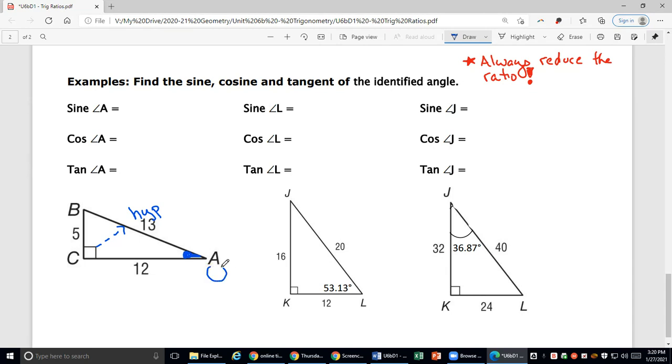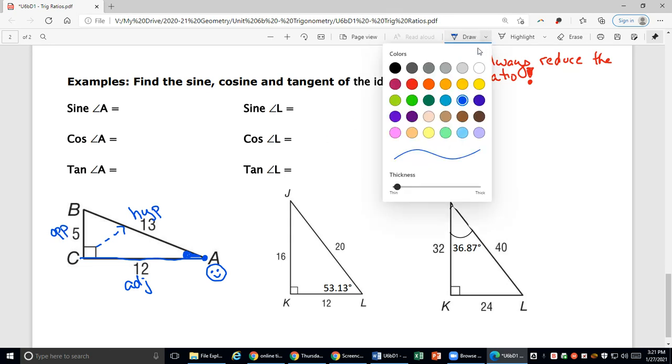So this is where I'm going to put my smiley face, because that's where I'm standing. Now if I put my pen down at that smiley face and I highlight the side that's not the hypotenuse, I know that is the side I'm next to. So that's my adjacent side, and then all the way across is the opposite side.